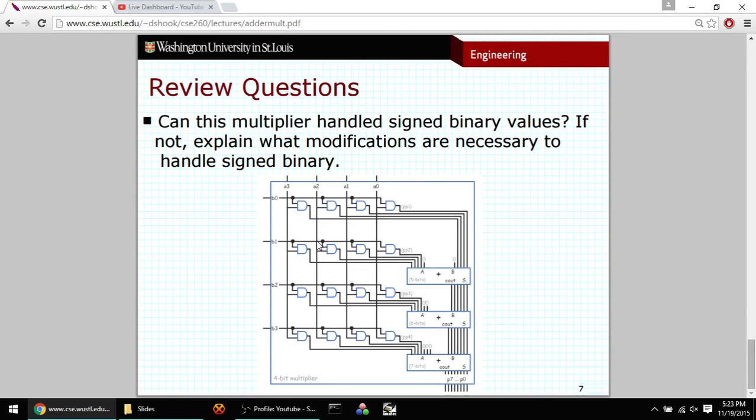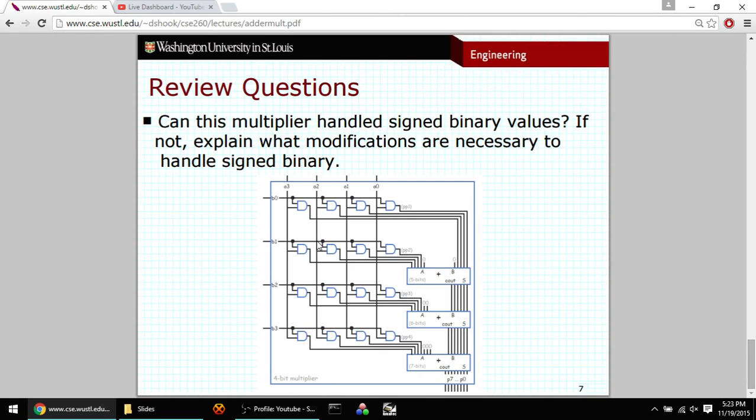We flip all these, we add 1, which flips. Yep, got it. And now we add again, 0, 1, 1, 0, 0, carry. That's going to be 0, carry, 0, carry, 0. So I end up with 4 and 2, which is 6. Negative 3 times negative 2 gets me a positive 6.